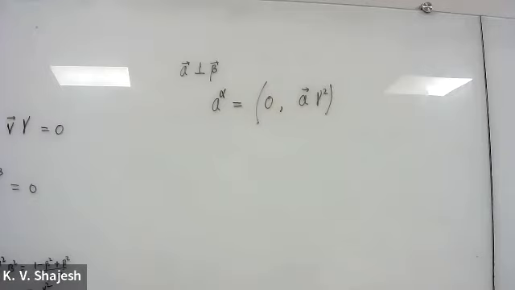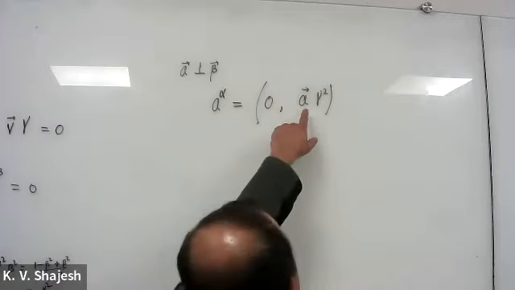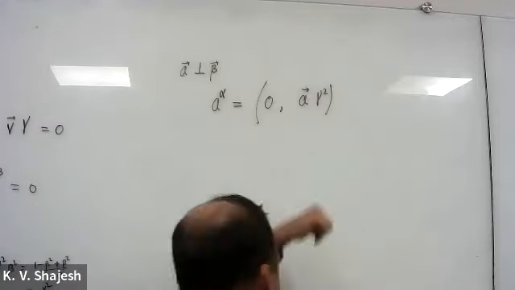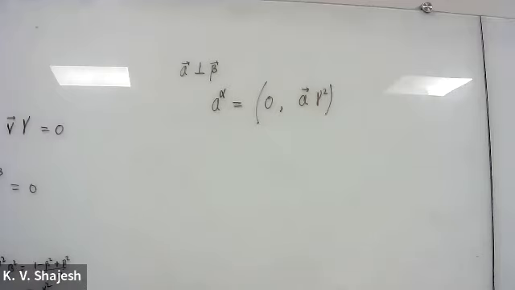So the important piece is that the space part goes as gamma squared when it is perpendicular, and it goes as gamma raised to 4 if it is parallel to each other.